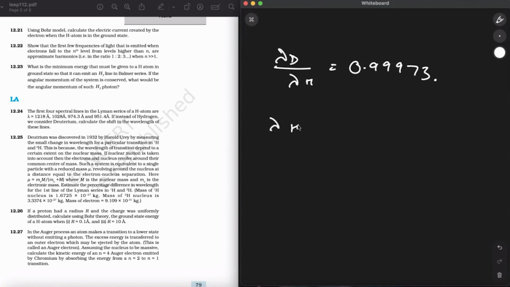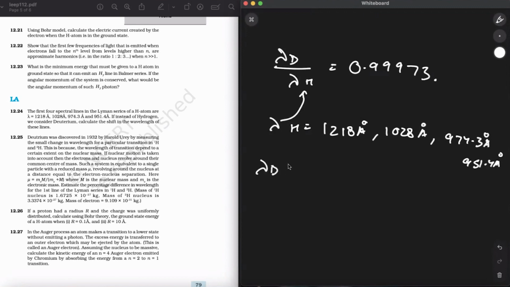So now what do we have? For lambda H we had the values 1218 angstrom, 1028 angstrom, 974.3 angstrom, and the last value was 951.4 angstrom. If we put lambda H over here, we can calculate lambda D easily. So lambda D for 1218 will be what? 1218 into 0.999, it will be something around 1270.